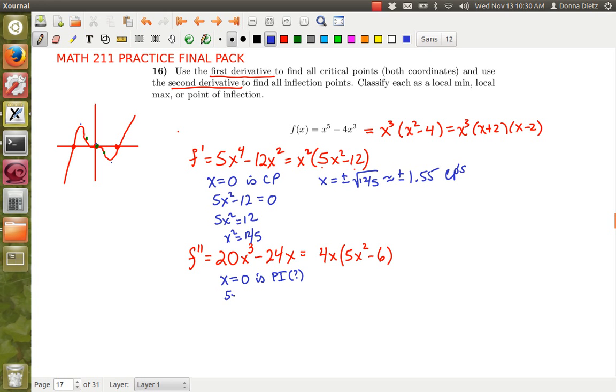So then we have 5x squared minus 6 is equal to 0. 5x squared is 6. x squared is 6 over 5. x is equal to plus or minus square root of 6 over 5. And that's going to be approximately plus or minus 1.095. Again, just stick that into your calculator. And we're going to ask if these are points of inflection.